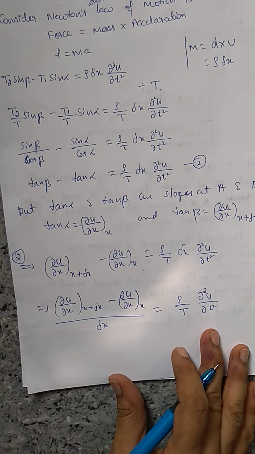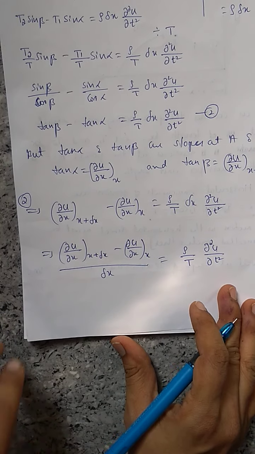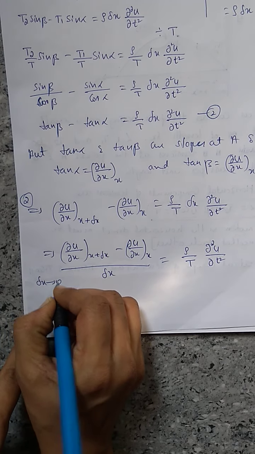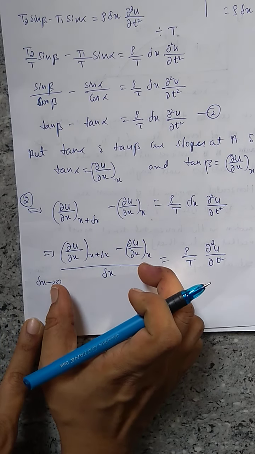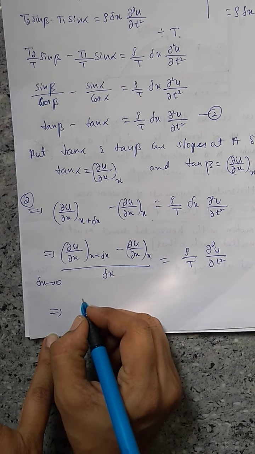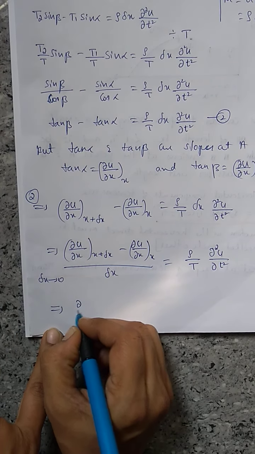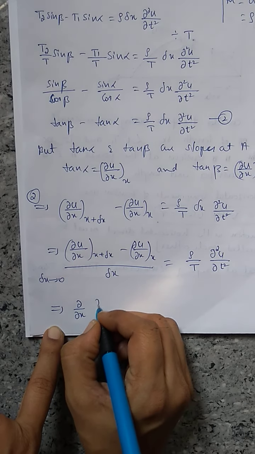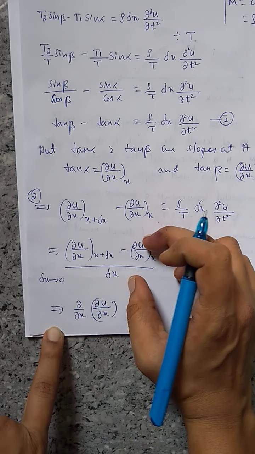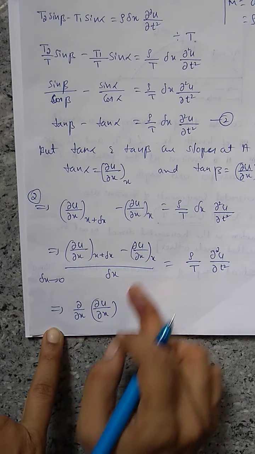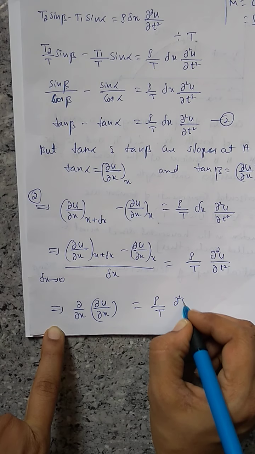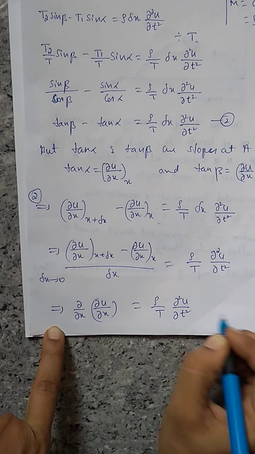Next, apply the limit delta x tends to 0. If you apply delta x tends to 0, this is called the basic differential equation formula. We can write ∂/∂x into ∂u/∂x. This is from the basic differential equation formula, ∂/∂x into ∂u/∂x, and the remaining is rho by T ∂²u/∂t².